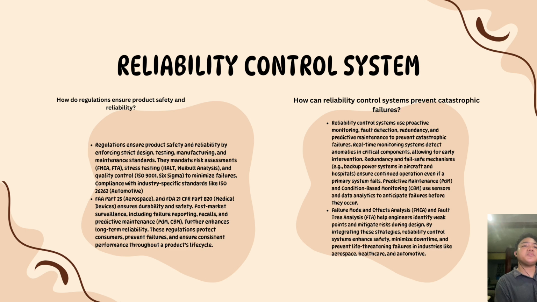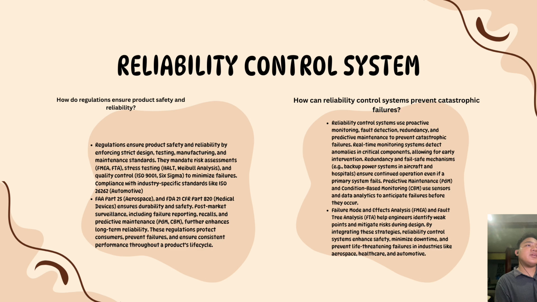Compliance with industry-specific standards like ISO 26262 for automotive and FAA Part 25 for aerospace ensures durability and safety. Post-market surveillance, including failure reporting, recalls, and predictive maintenance, further enhances long-term reliability. This regulation protects consumers, prevents failures, and ensures consistent performance throughout the product's life cycle.